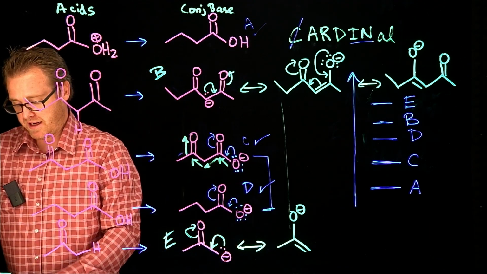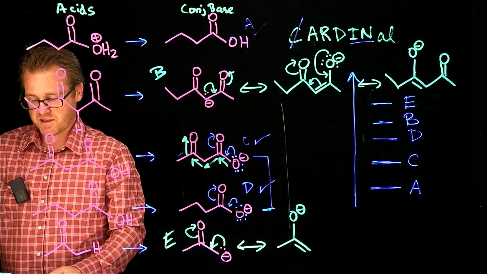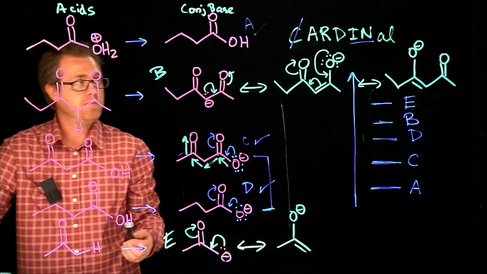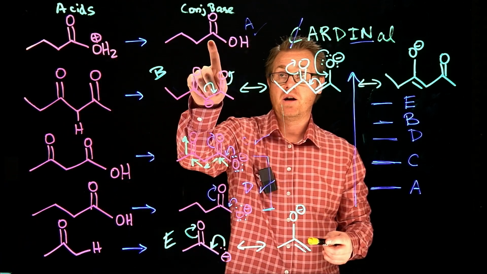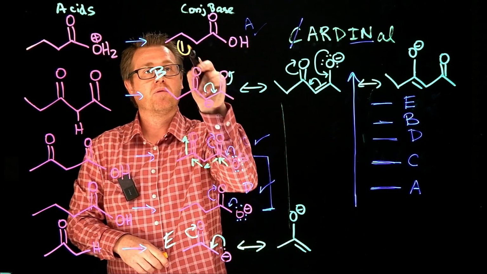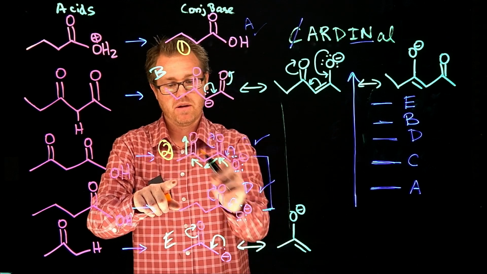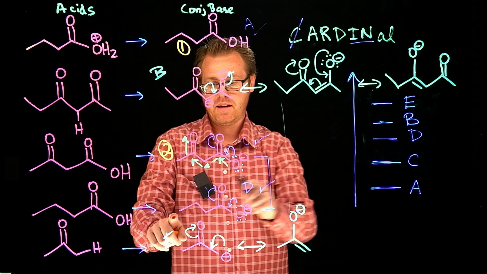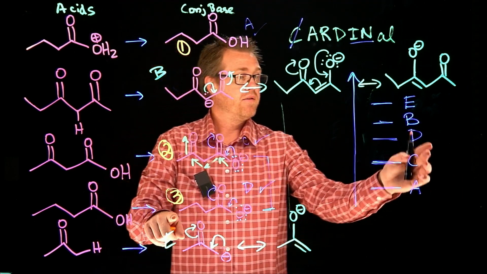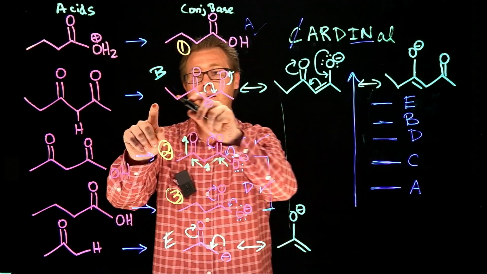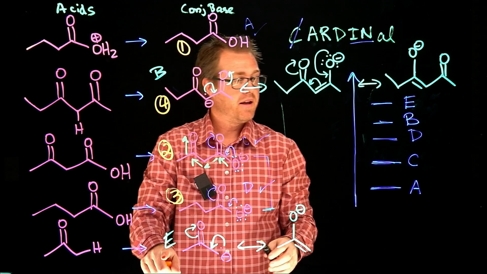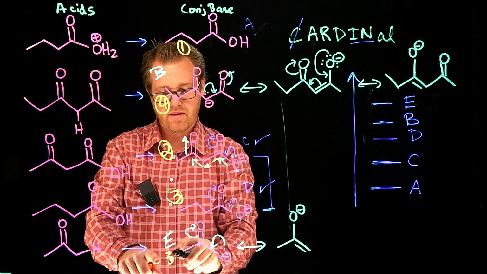So if we number these based off of stability, which one's the most stable? We would say that's number one, and then C, that's 2, and D is 3, 4 is B, and E is 5.